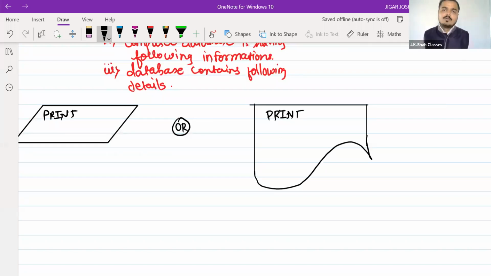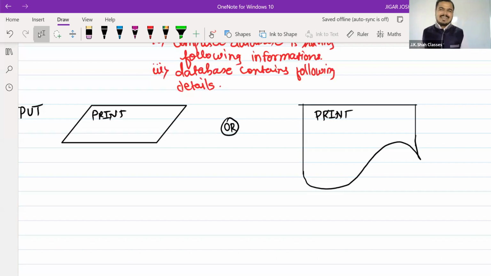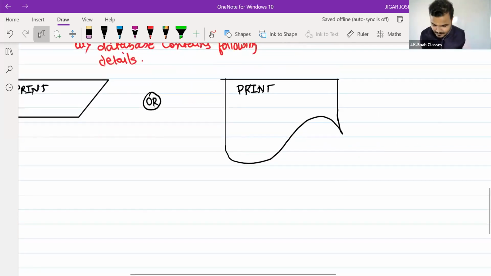Command will be always print only, okay? But do remember one thing. Sir, when to draw the first one or when to draw the second one? So the answer is very simple.